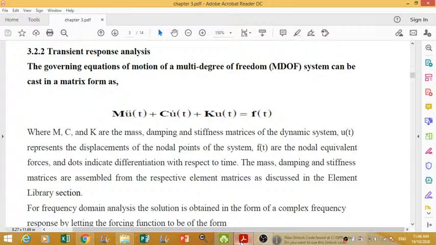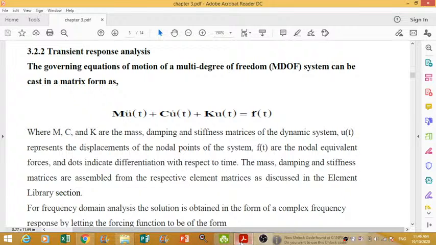See, in the design department, whenever a component is designed, it is analyzed by using transient response analysis. And many times there are also iterations. In the first iteration, you may not get results as per expectation. A second analysis is done, a third analysis is done, and so on.